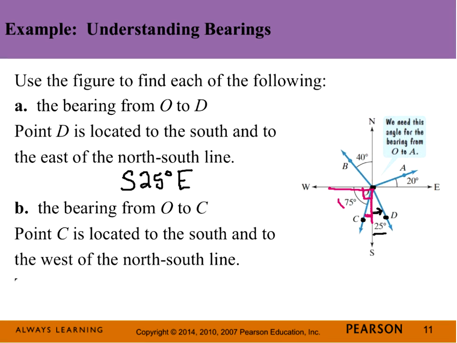And we know that the angle on this side is 75 degrees. So that means that little angle in there has to be 90 minus 75, which is 15 degrees. So now we're ready to give the bearings. It's on the south side of the north-south line, that's a 15-degree angle, and it's moving to the west. So south 15 degrees west.